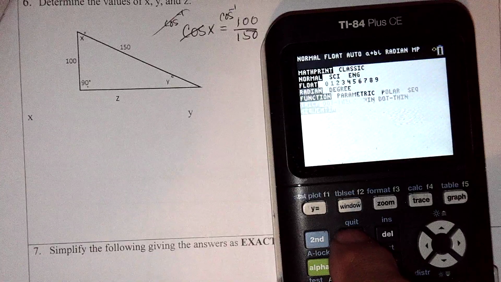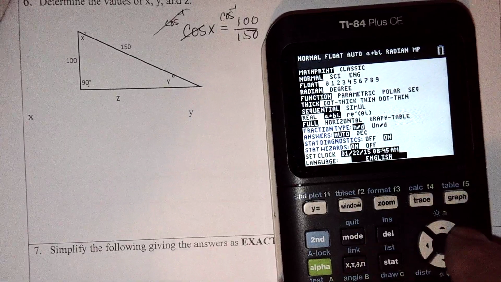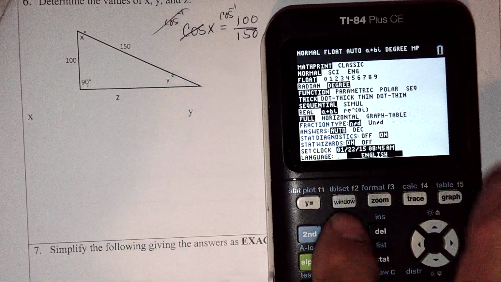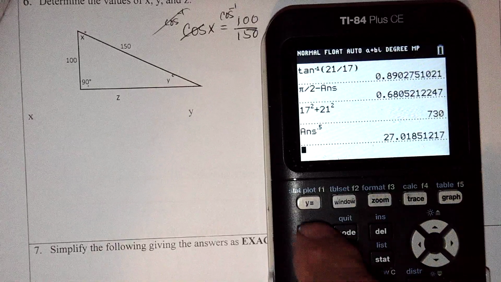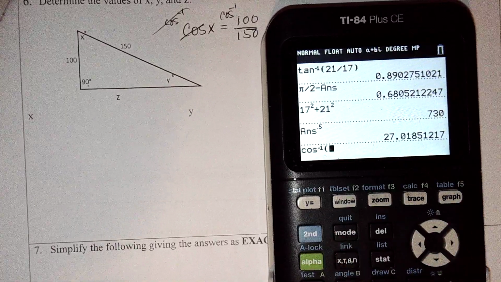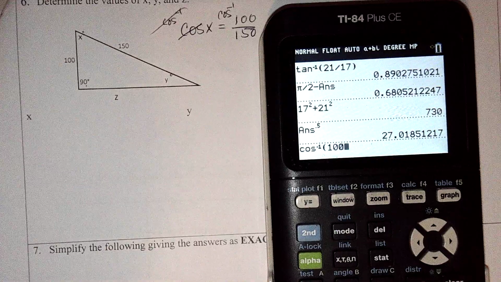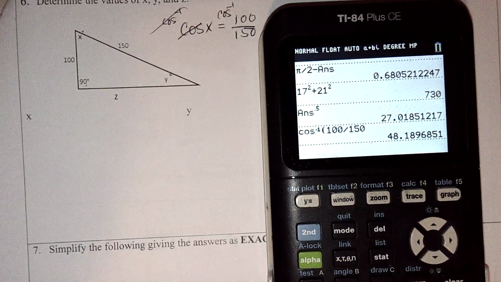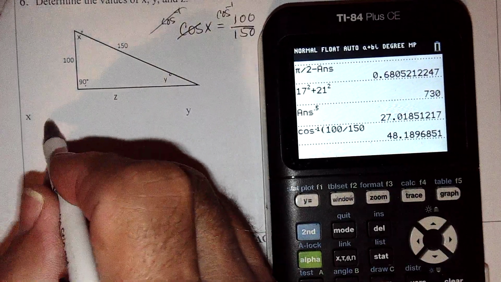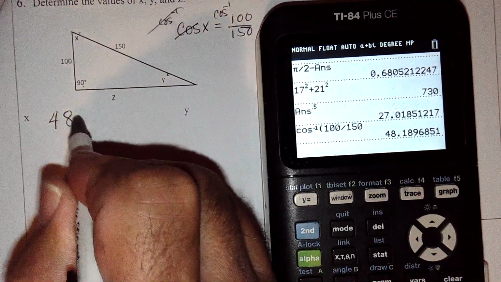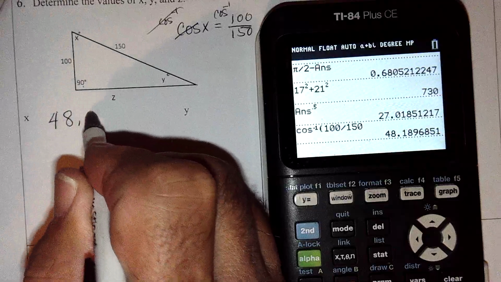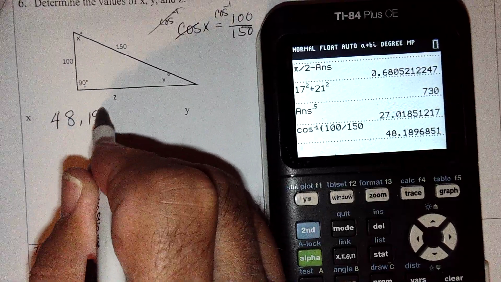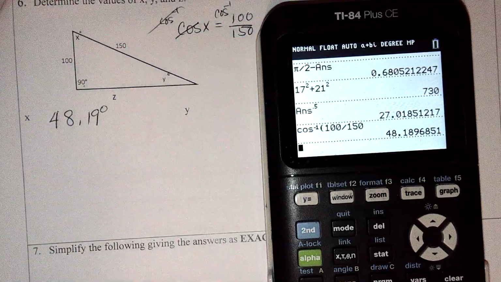This is in degrees, so mode degree, and I do cosine inverse of 100 divided by 150, and I get x to be 48.19 degrees, rounded off a little bit.